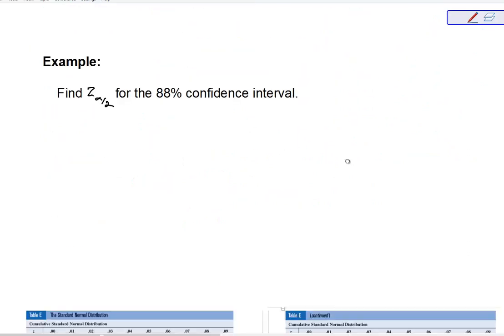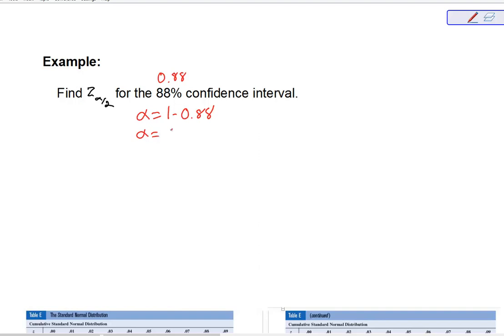So let's look at an example. Find the Z that corresponds for an 88% confidence interval. So this is not one of our major 3. So the first thing, 88% is the same thing as 0.88. So that means that alpha is equal to 1 minus 0.88.